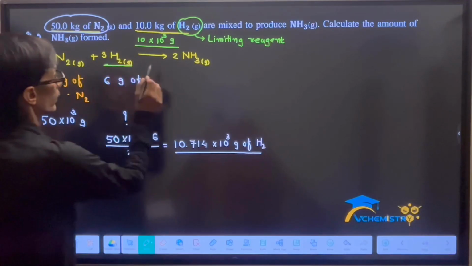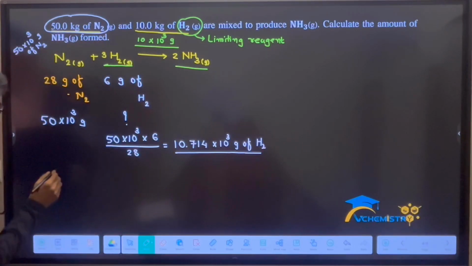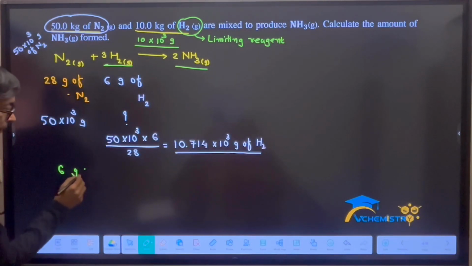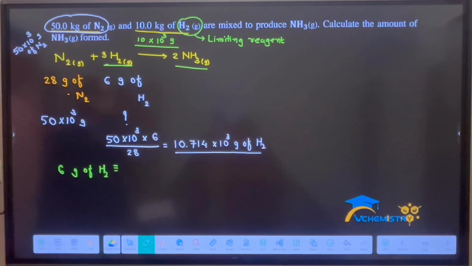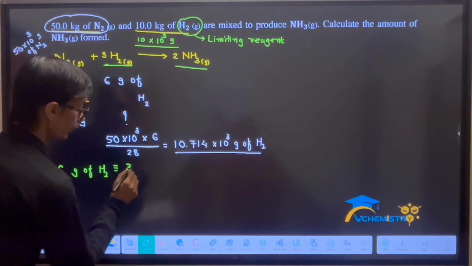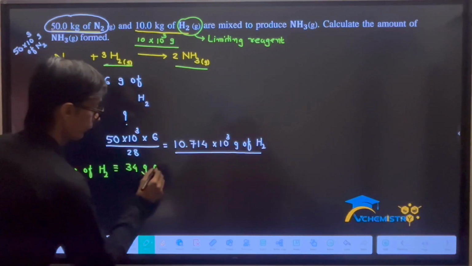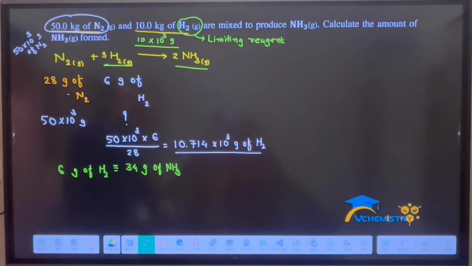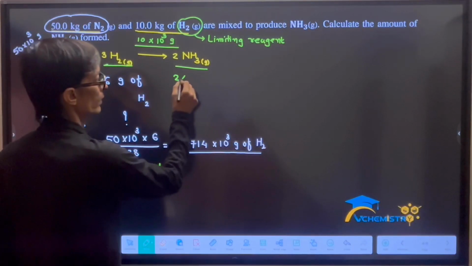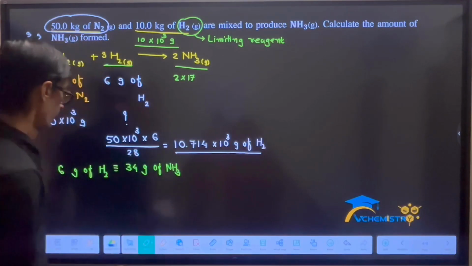Now we need the ideal statement. See here, 6 gram of H2 gives 34 gram of ammonia. Why? 2 into 17, okay, 34.